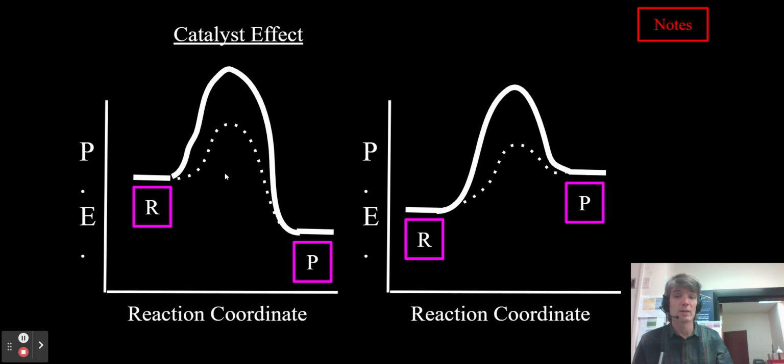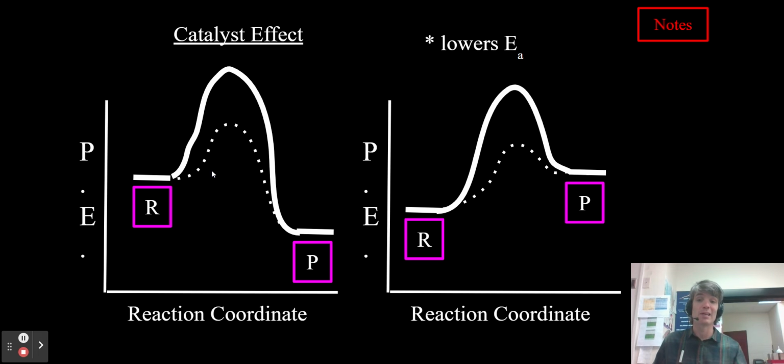All right. So what is the catalyst doing? It's lowering my activation energy and therefore making it easier because the molecules or atoms or whatever need less energy to react. It doesn't affect any of the enthalpy values. It doesn't affect how much energy things have before or after. All it does is lower the activation energy.